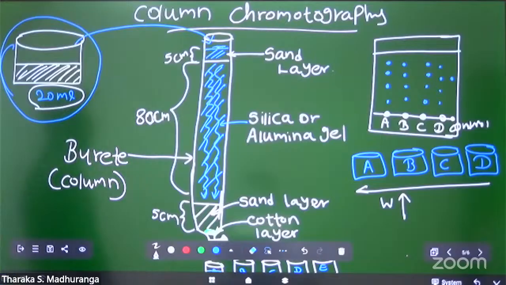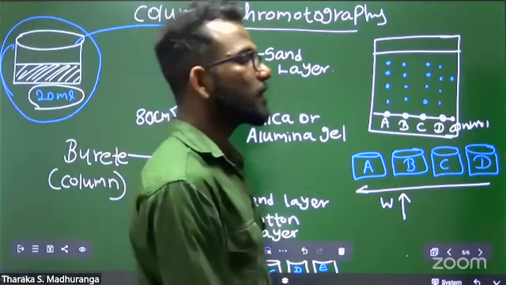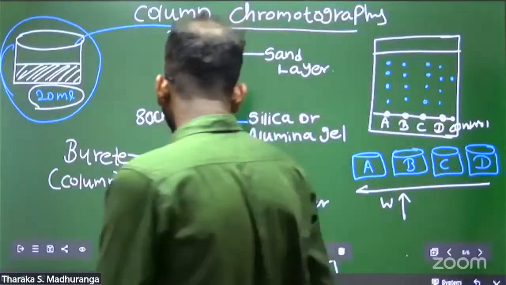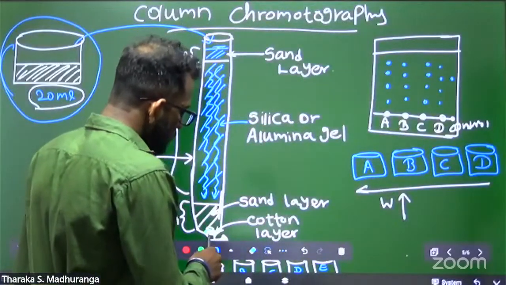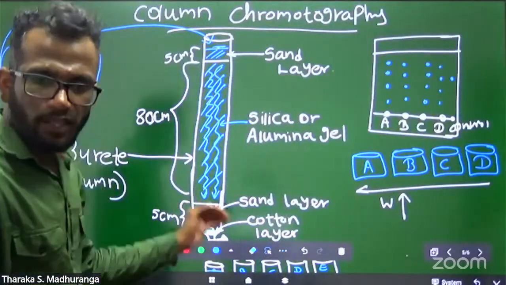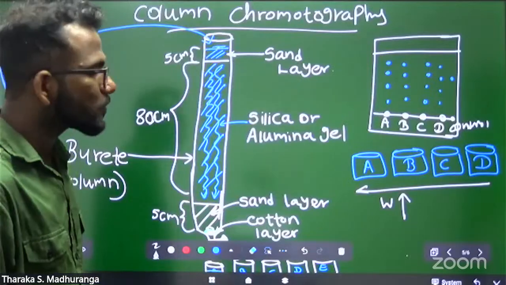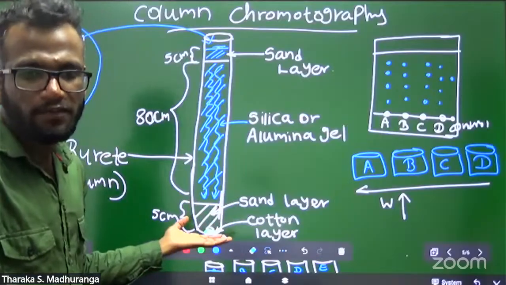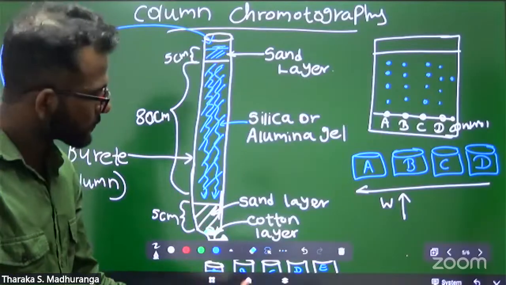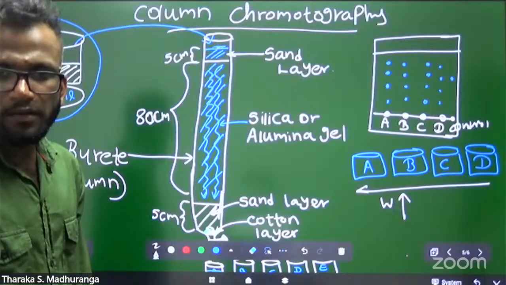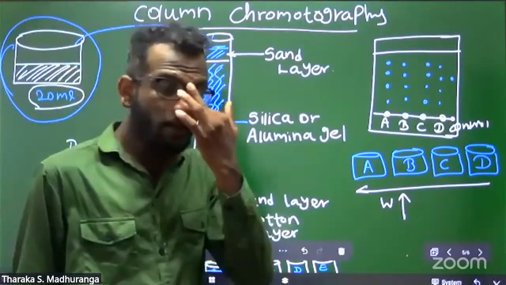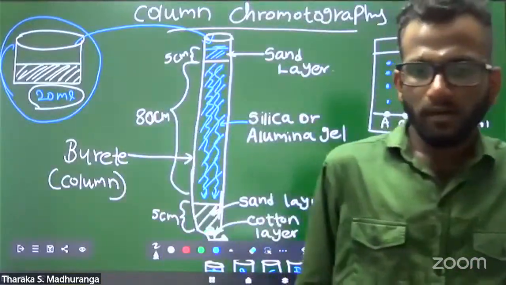Yes, I think all the ideas are correct. The actual purpose of this cotton layer is to keep the sand layer from exiting with the solvent. That means to hold the sand layer so it does not exit from the column, to prevent sand from going out of the column.